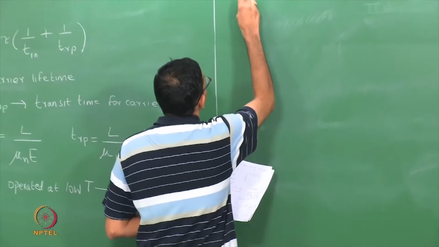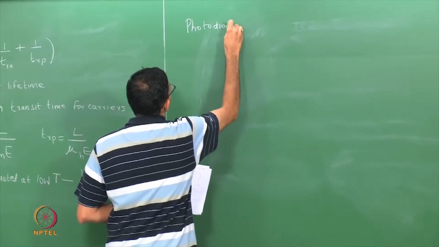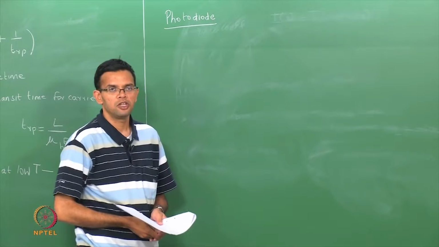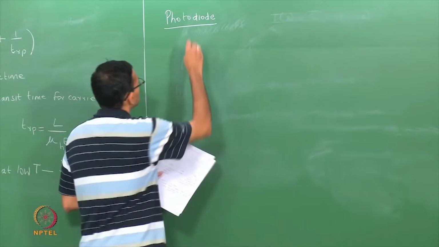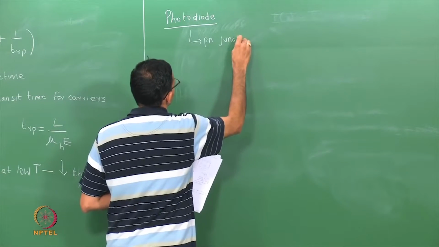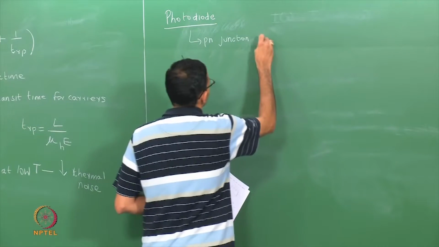In the case of a photodiode, we use a P and an N material so that you form a junction. This can be a simple P N junction or a modification of that, which is your PIN junction.